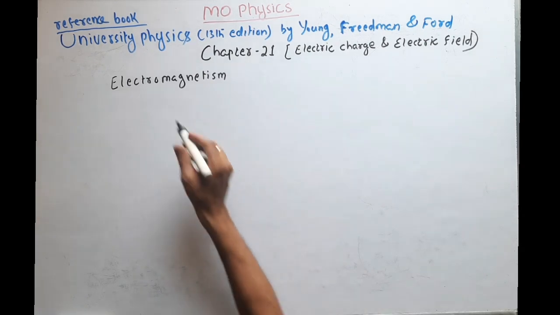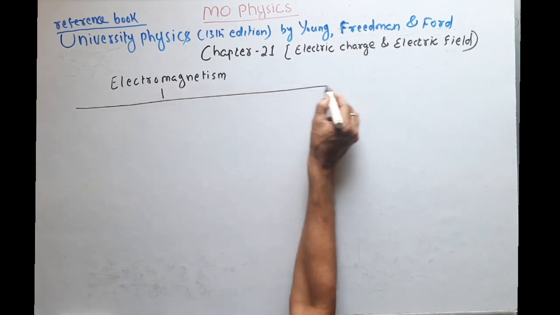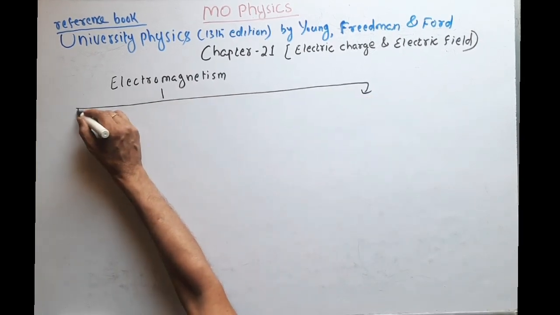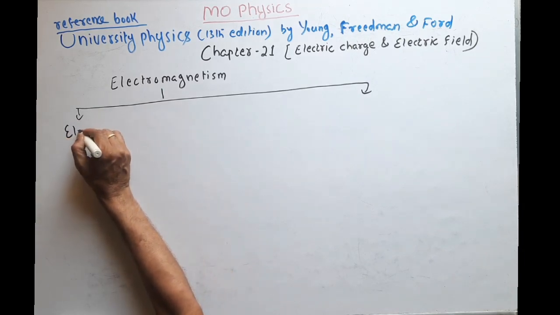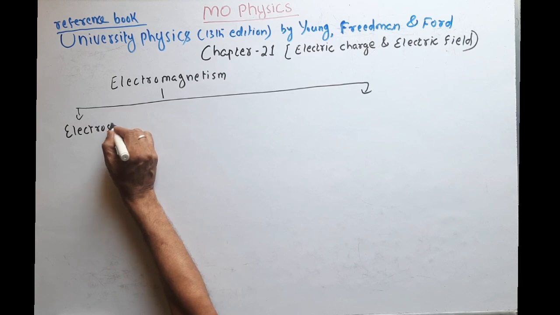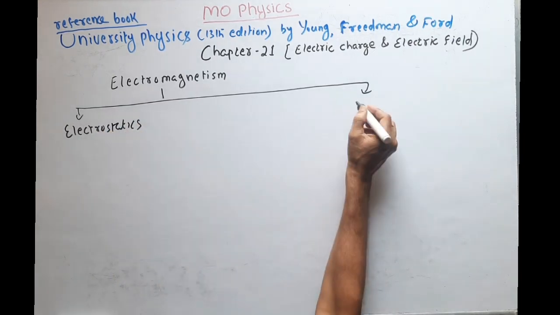Now in electromagnetism, there are two units. One is electrostatics, another is electrodynamics.